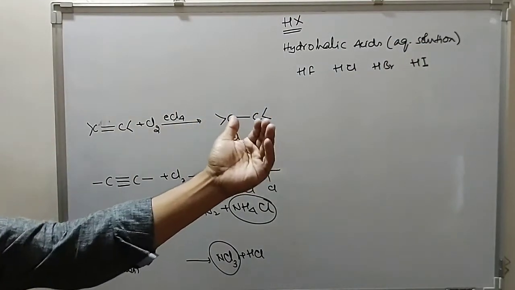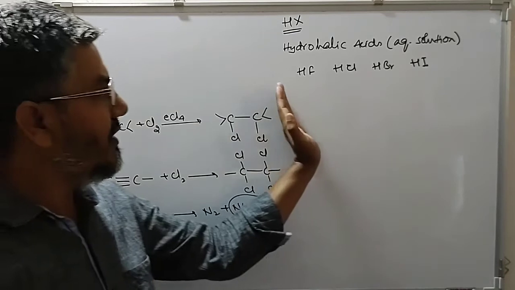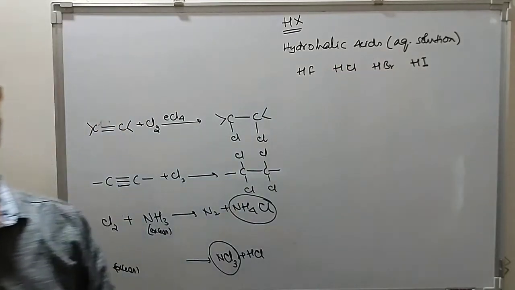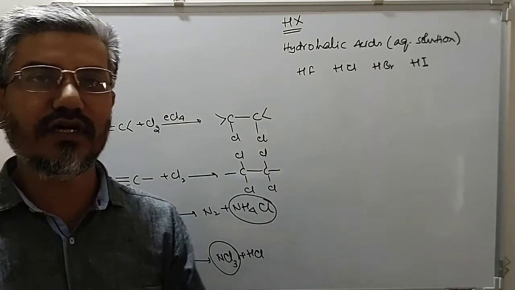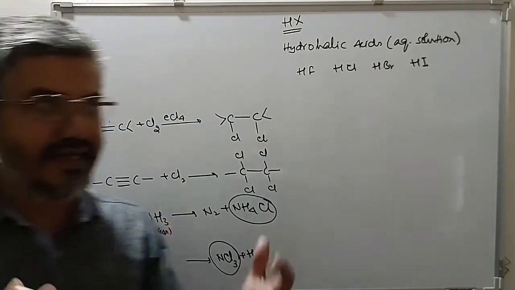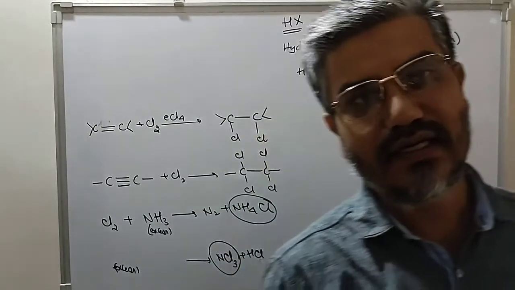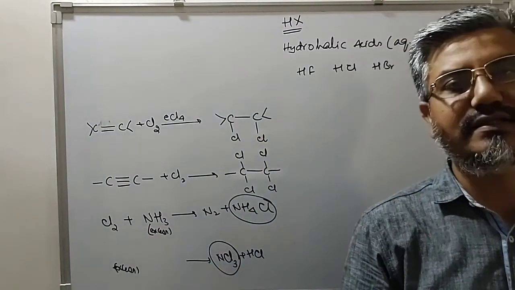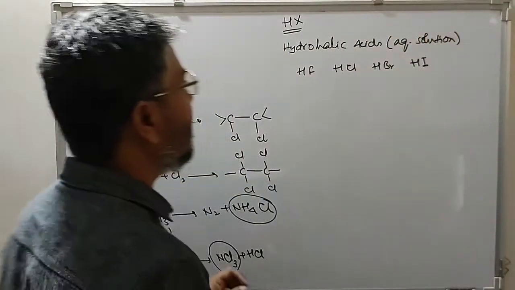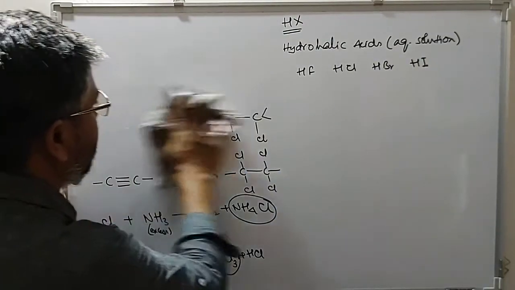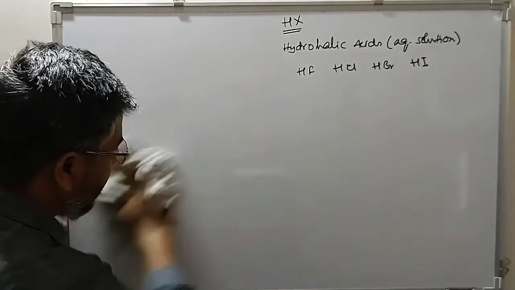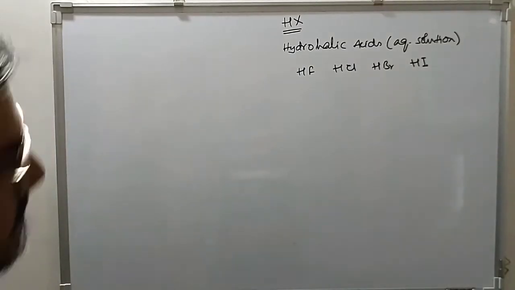Now if you look at this, moving from HF to HI, the size difference between halogen and hydrogen increases. As the size difference increases, the bonding strength decreases or the bond length increases. All these are covalently bonded molecules.